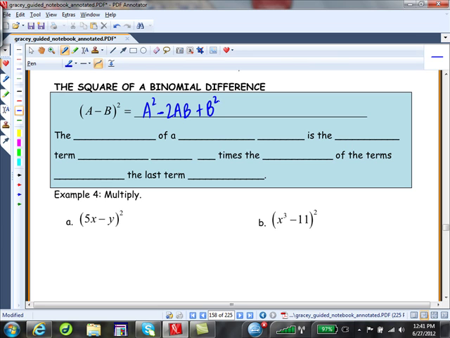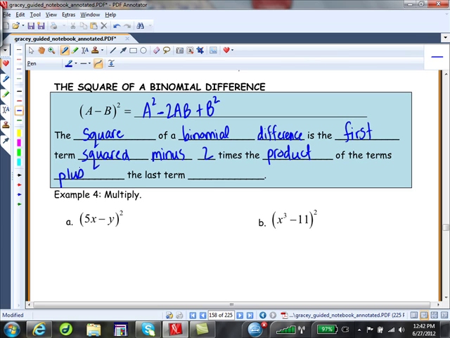So the square of a binomial difference is the first term squared minus 2 times the product of the terms plus the last term squared.